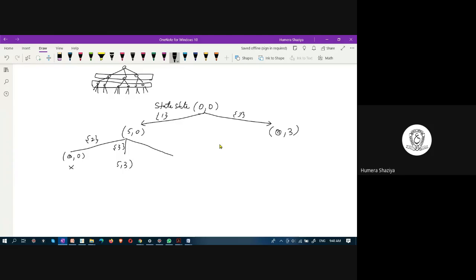There is another state, and the third one is this 2 comma 3. All the substates for this particular state have been expanded. All right. Actually I should not write x here. We are at this level only now.